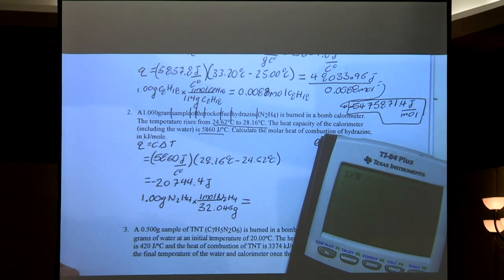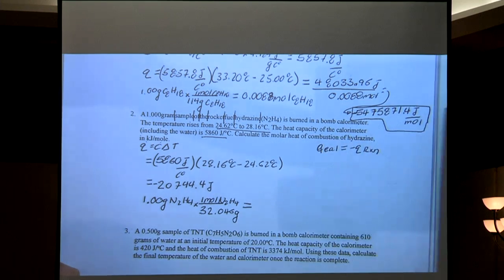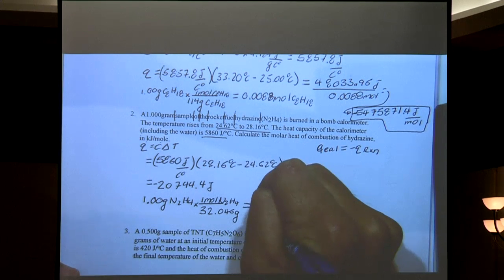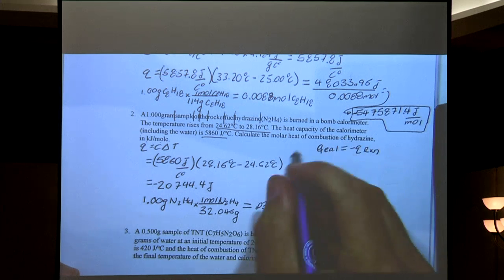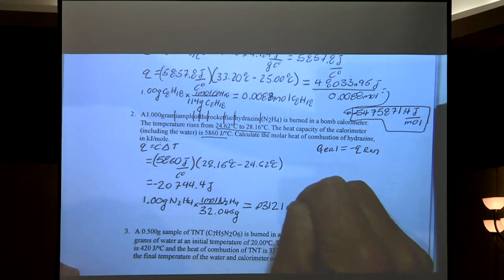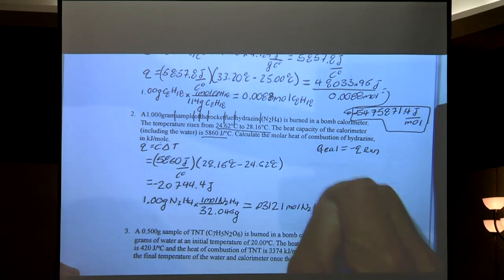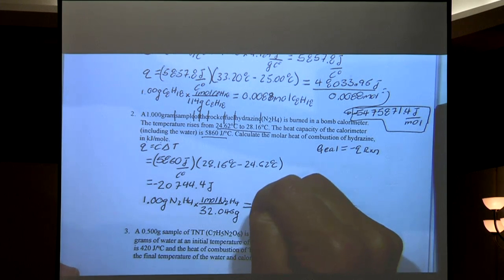One divided by 32.046 equals 0.03121 moles of N2H4. Cool?